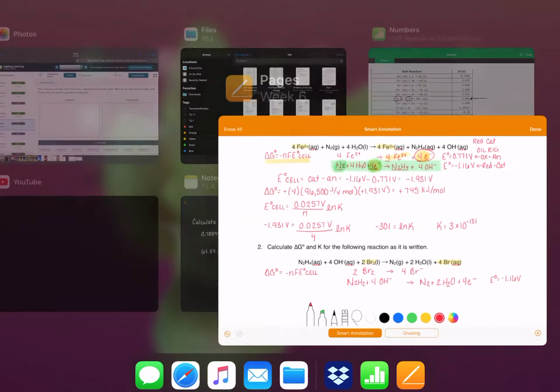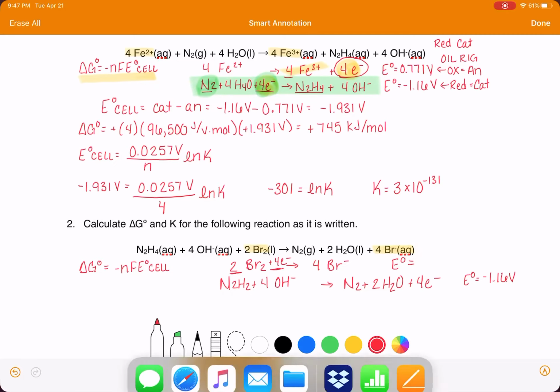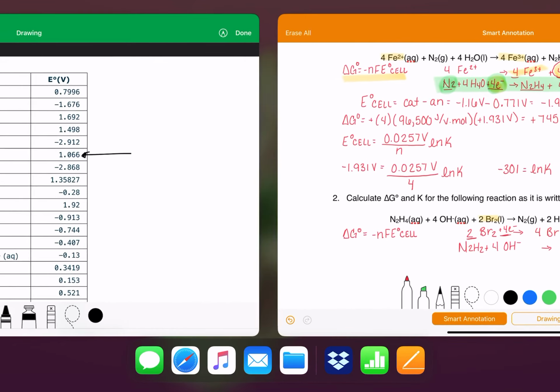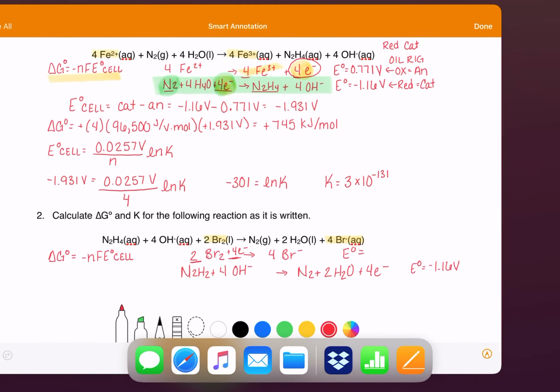So let's fill that in. We have 2 of the Br2s, which means we need a total of 4 electrons. And let's look back over and grab the voltage on that. I can see from the arrow I made, it's 1.066.